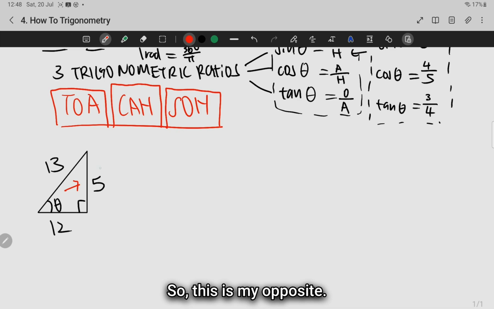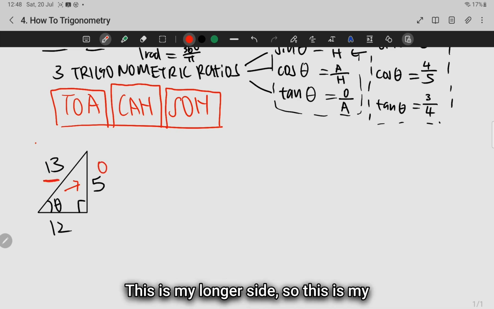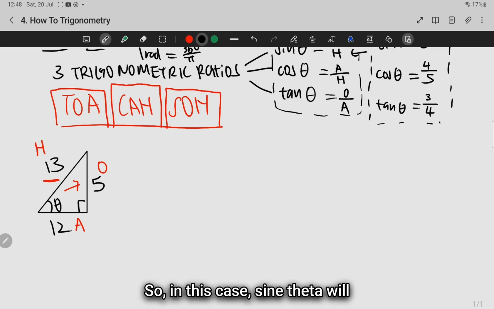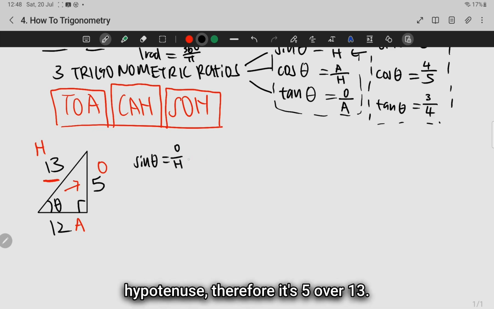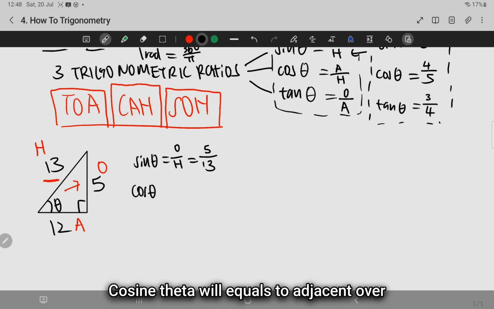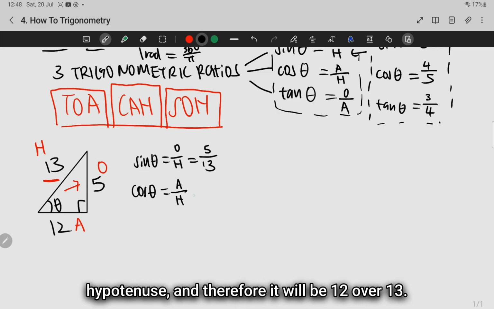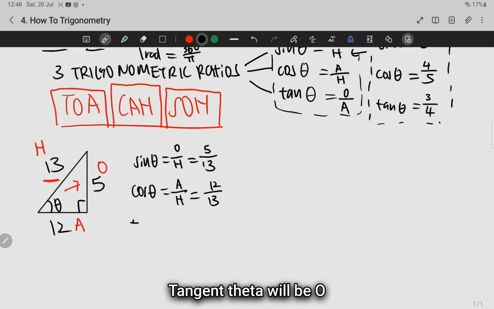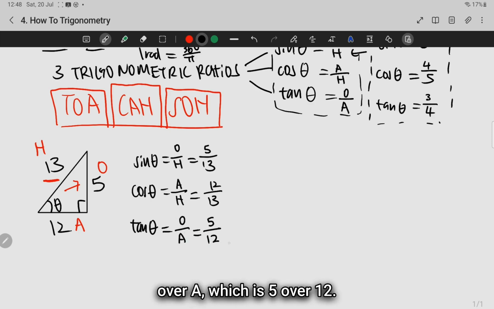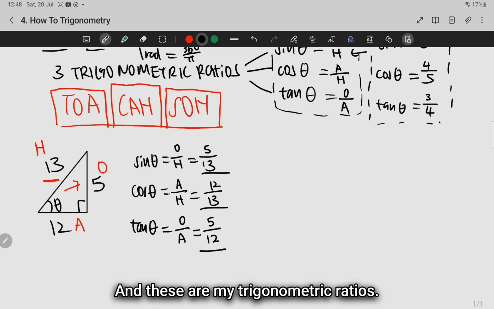So this is my opposite, this is my longer side, so this is my hypotenuse, and this is my adjacent. So in this case, sine theta will equal opposite over hypotenuse, therefore it's 5 over 13. Cosine theta will equal adjacent over hypotenuse, and therefore it will be 12 over 13. Tangent theta will be O over A, which is 5 over 12. And these are my trigonometric ratios.